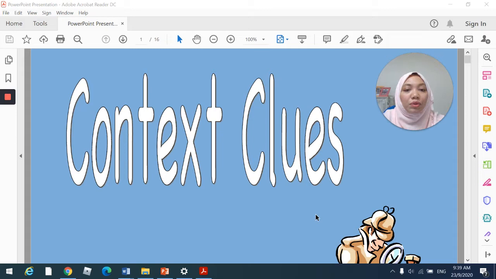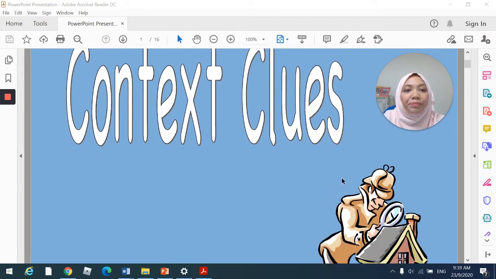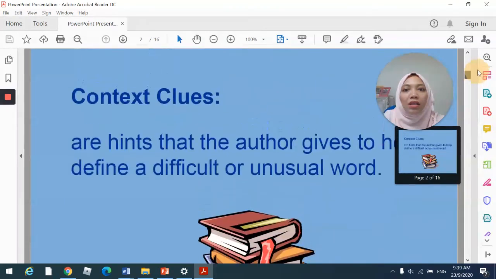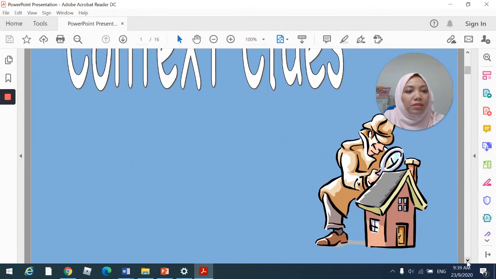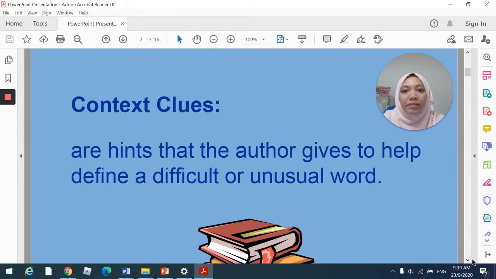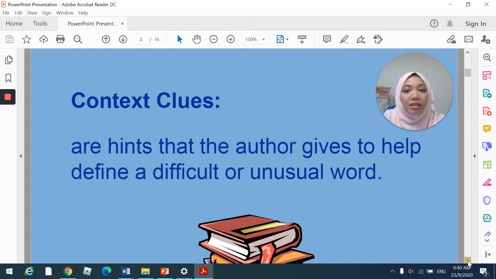Today we're going to learn what clues you can find from the text in order to help you understand the meaning of the words. When we say clues, it means hints, to give you hints that lead to understanding.